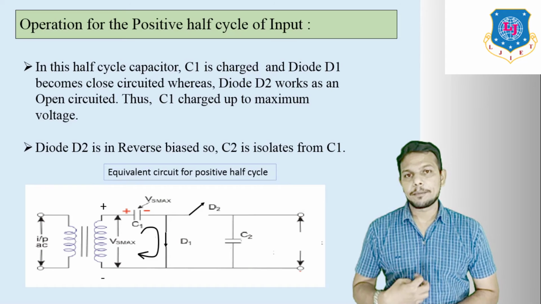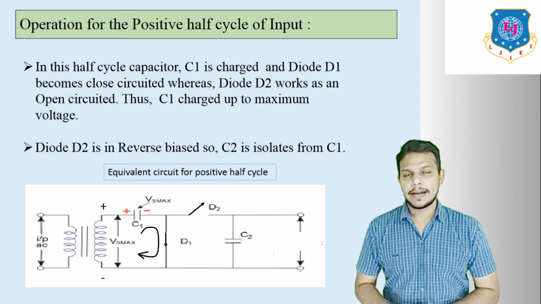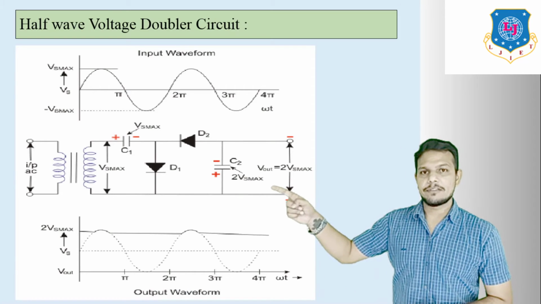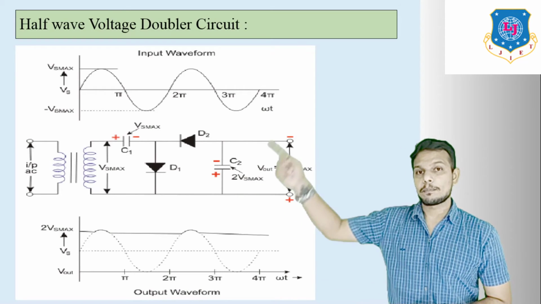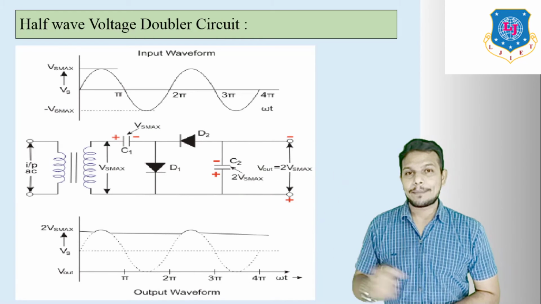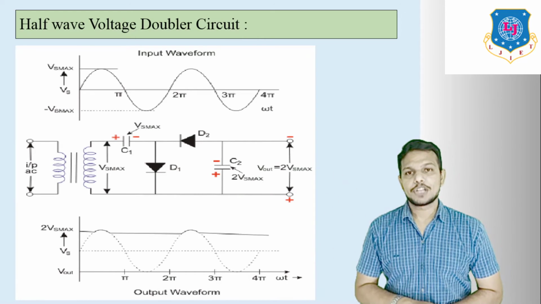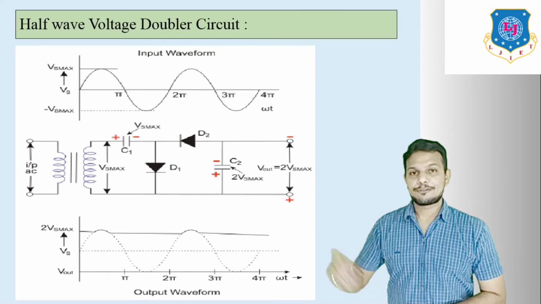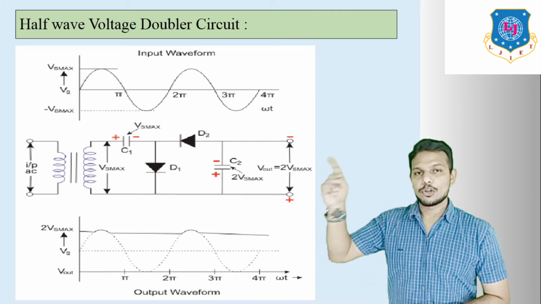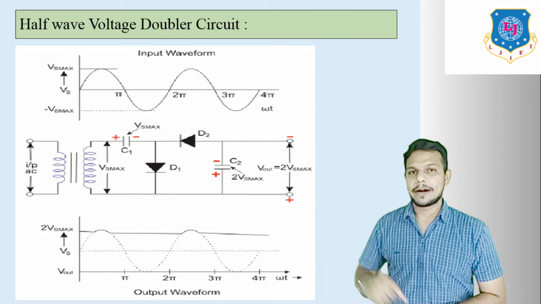If we apply the positive half cycle, then capacitor C1 will be charged, because current always flows from plus to minus in this direction. Then one node is coming. At this node, the current is divided into two parts.